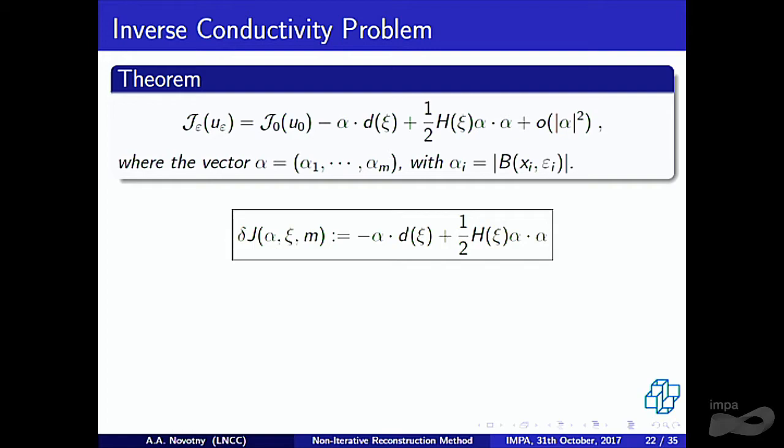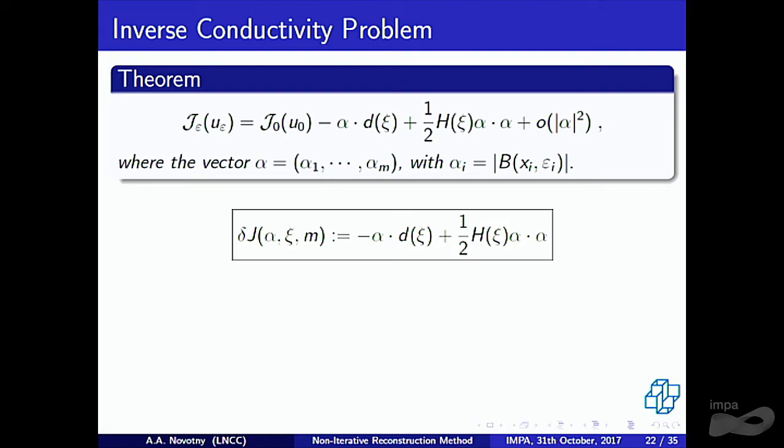So if we take a look, we have a quadratic form with respect to alpha. And we can prove that this Hessian matrix is positive definite, provided that j is different from i always. I mean, there is no intersection between inclusions.